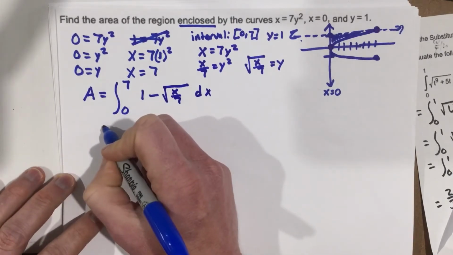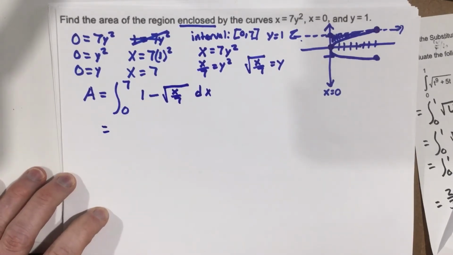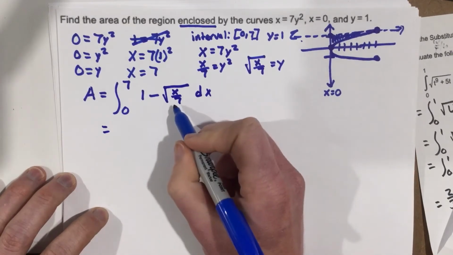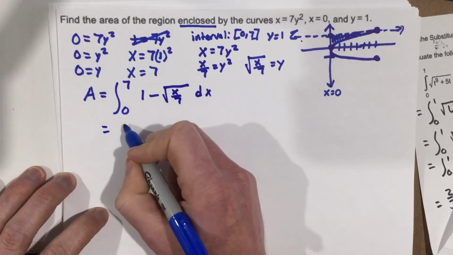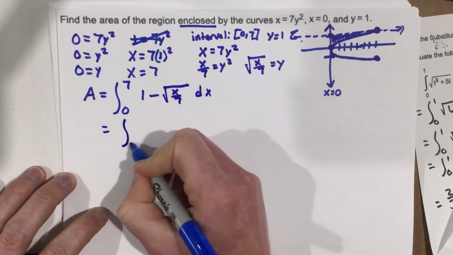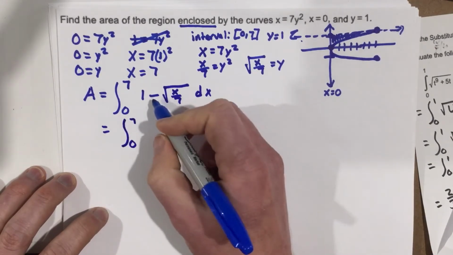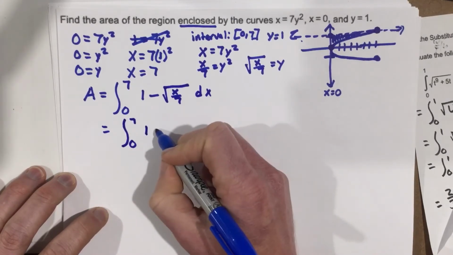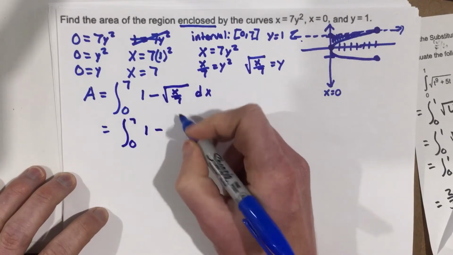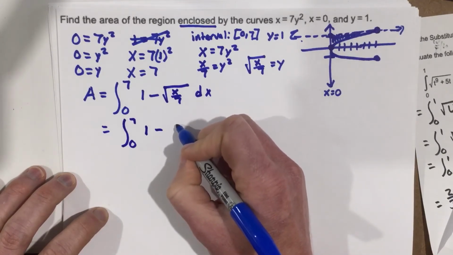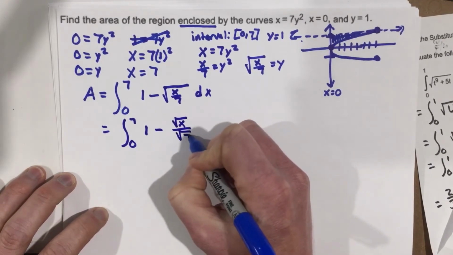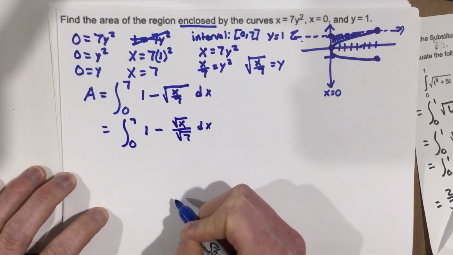Now I can actually go through and do my integration. I should be able to write this as the integral from 0 to 7 of 1 minus, I'm going to split this up, root x over root 7 dx.